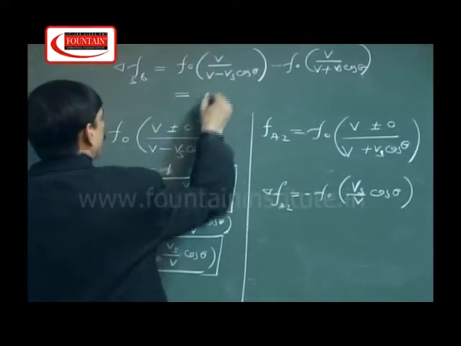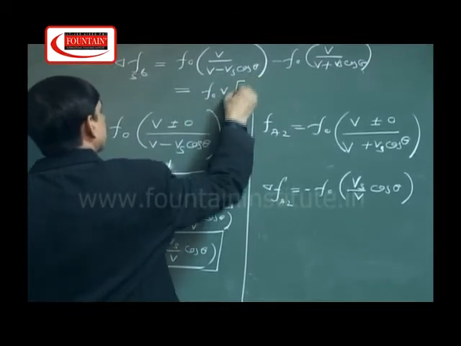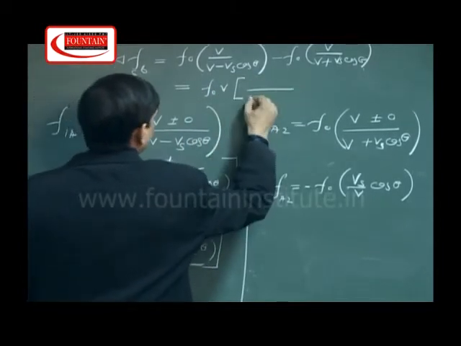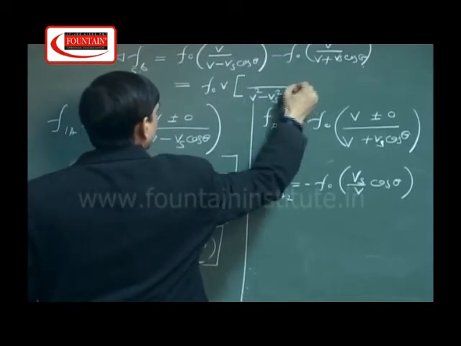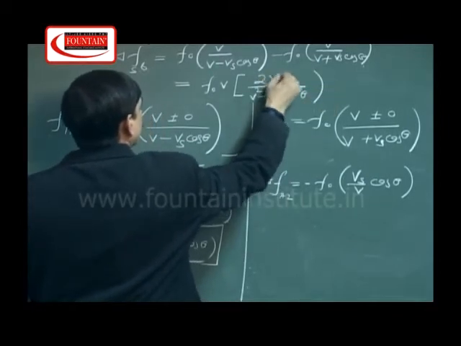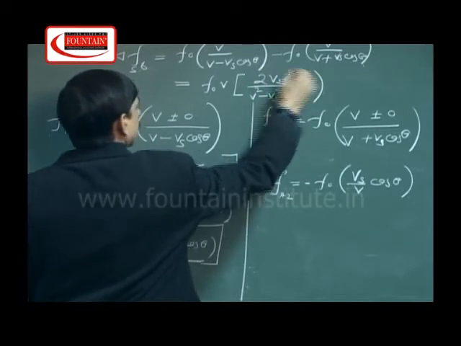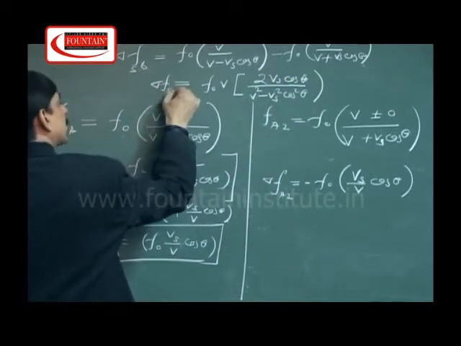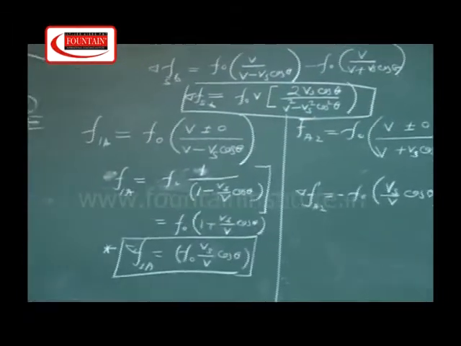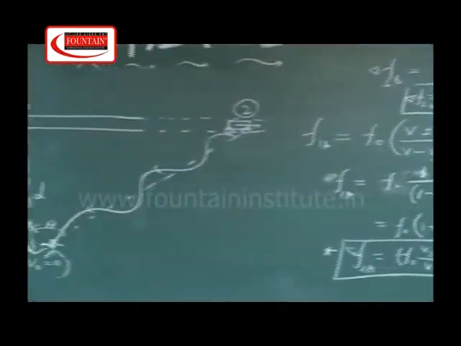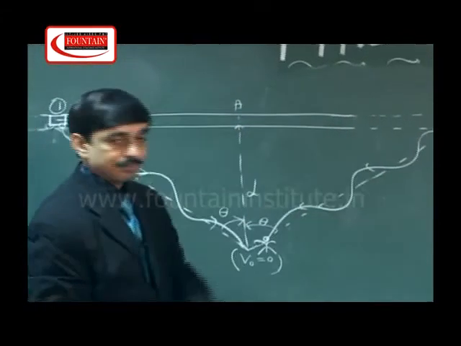Take f0 v as constant outside, you will get v square minus vs square cos square theta upon, in the top, you will get 2 vs cos theta. So the successive beats you can get for two different positions, in approaching as well as receding.